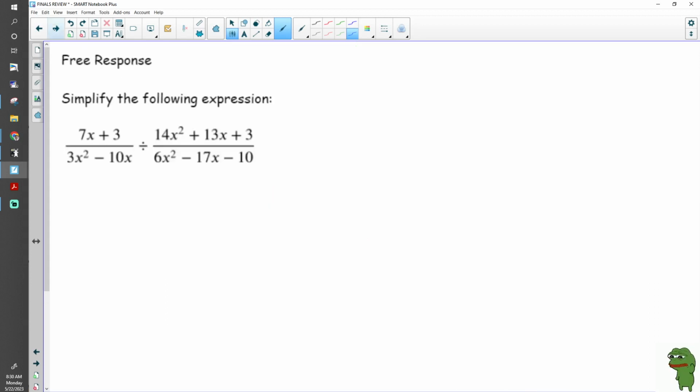Your free response is very similar. The only difference is we are not multiplying, we are dividing. The only difference between multiplying and dividing is before we start this problem, we're going to keep, change, flip.